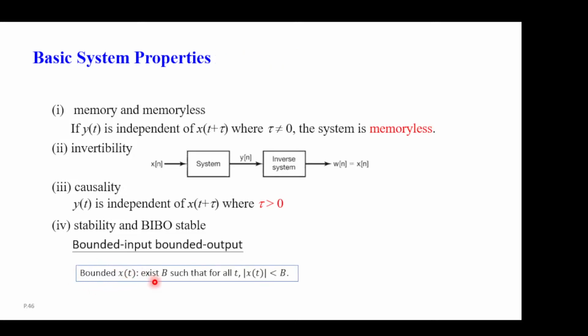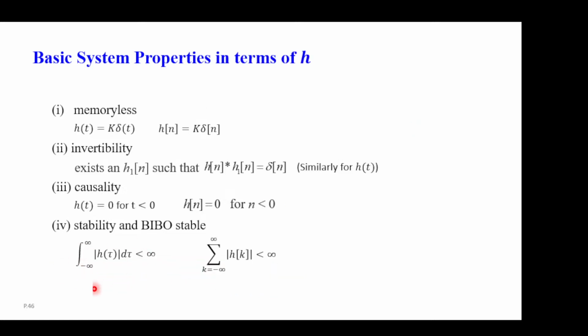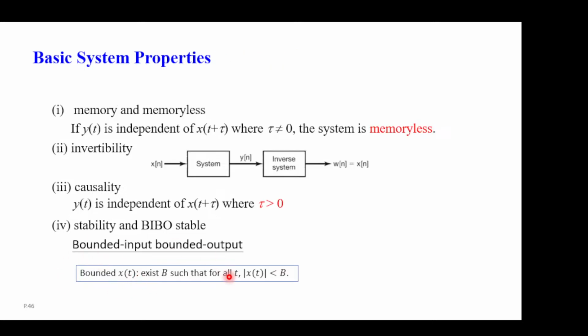They are incomparable conditions. Some functions can be bounded but not absolutely integrable, and they can also be absolutely integrable but not bounded. So they are just different conditions, and you need to be careful about what you are actually checking. Okay.